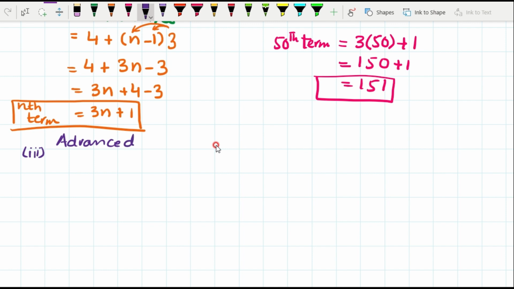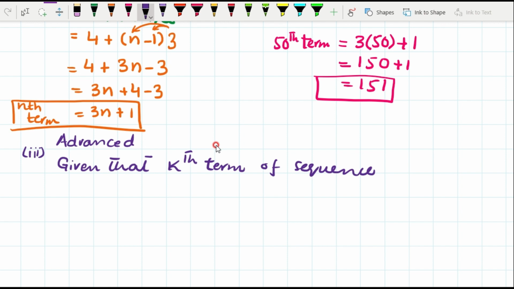Okay, so the question says, given that the kth term of the sequence is 76, find the value of k.